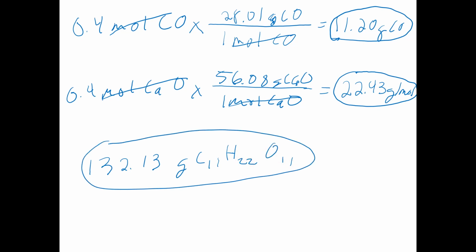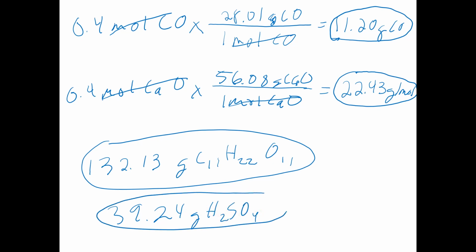And for sulfuric acid, you should come up that 0.4 moles has a mass of 39.24 grams of sulfuric acid.